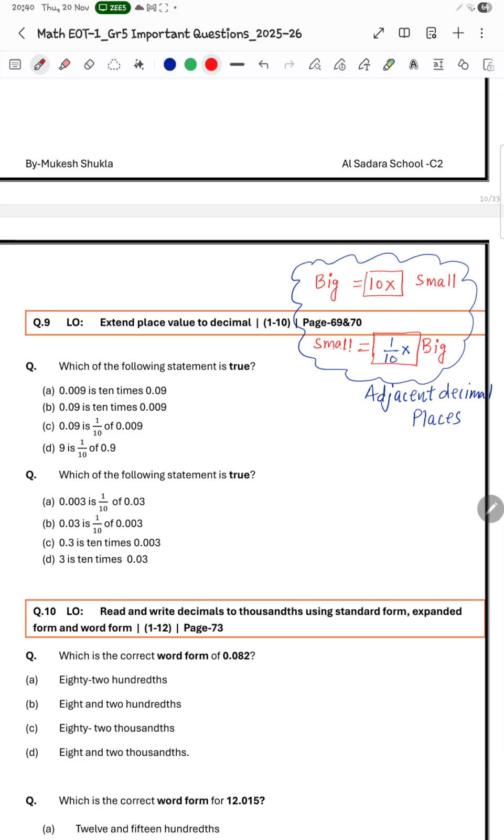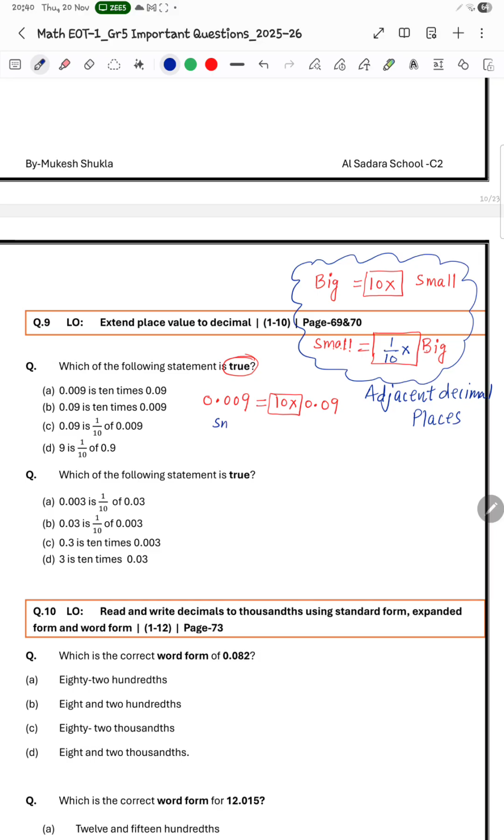So let us take this question. Which of the following statements is true? So look here. Let us take option A. Option A says 0.009 equals 10 times 0.09. So let us apply this rule.